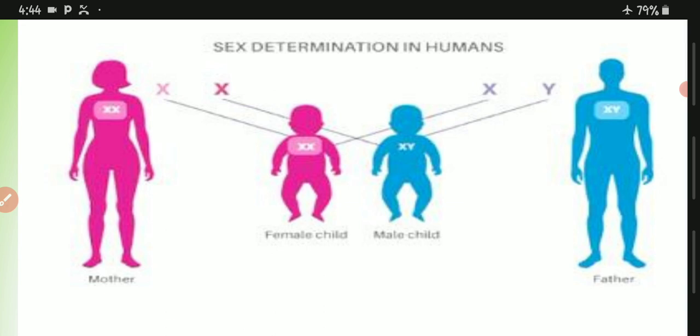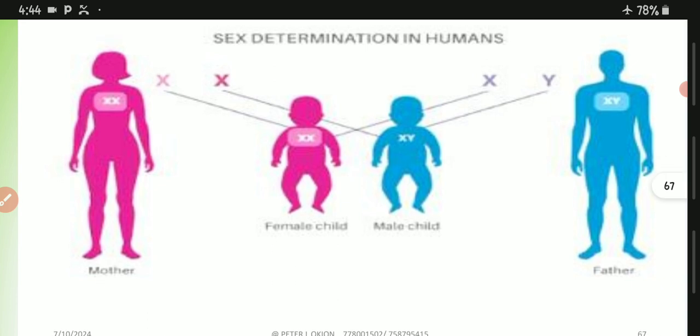These factors can be used to determine the sex of some organisms, such as nematodes. I hope you all know the nematodes. We have some reptiles, we have fish, we have even toads. These environmental factors can also be used to determine the sex of an organism.